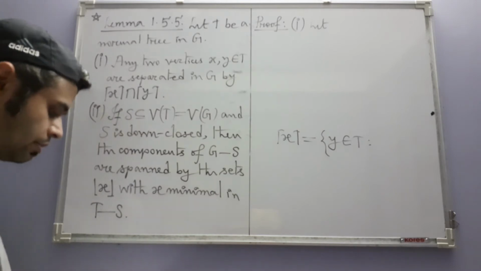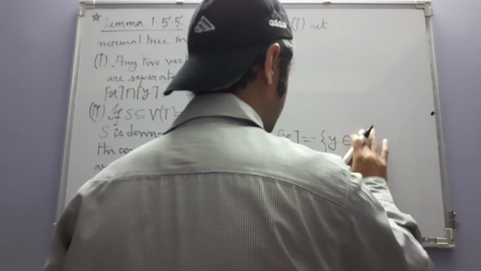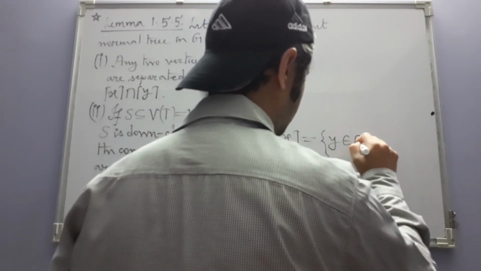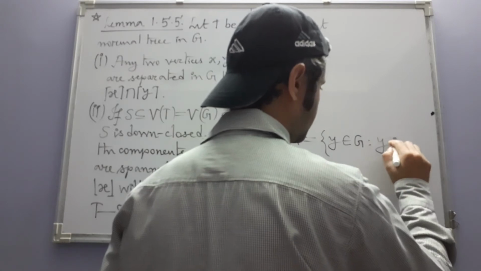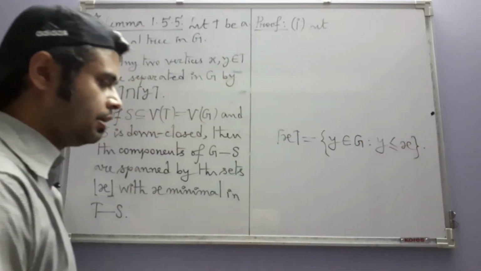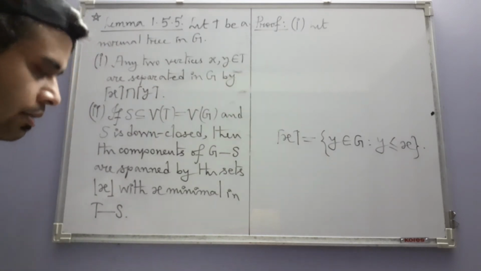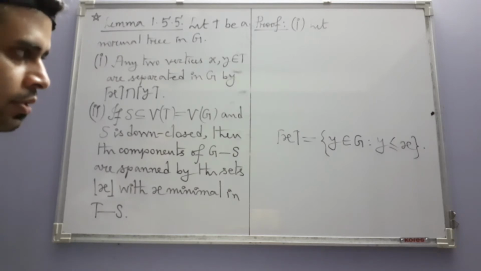In T, of course, because, no, this need not be only in T. In G, such that y is less than or equal to x. Should we have T here or G here?